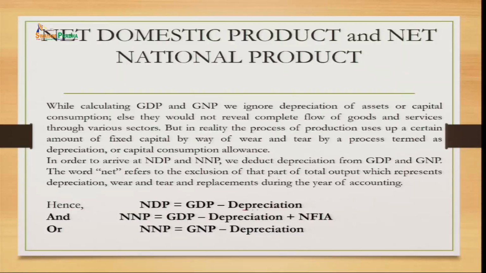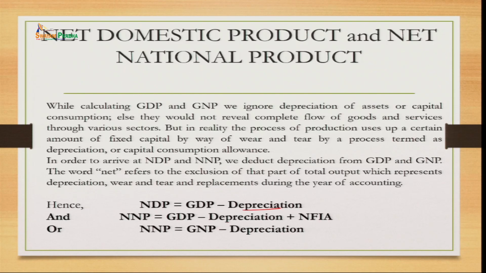So, these are the gross values. First of all, you need to understand that, and then when you want to arrive at the net values, NDP and NNP, from GDP and GNP, the simple way is by deducting the depreciation. Once we deduct the depreciation from the gross value, the figures which we arrive at are considered net values. So, when we deduct depreciation from GDP, we receive NDP.